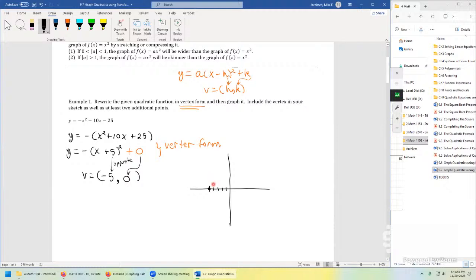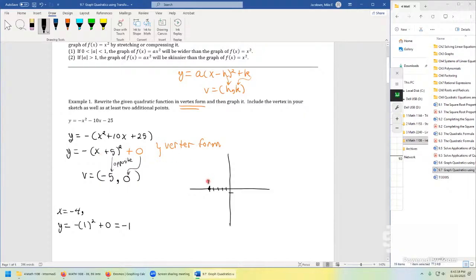Well, this point right here is -4, so if we set x equals -4, we can find a y value pretty quickly. Let's plug -4 here in the vertex form. This is the easiest place to solve this. y is going to be negative (-4 plus 5) which is just 1 squared plus 0, but that just comes out as a -1.